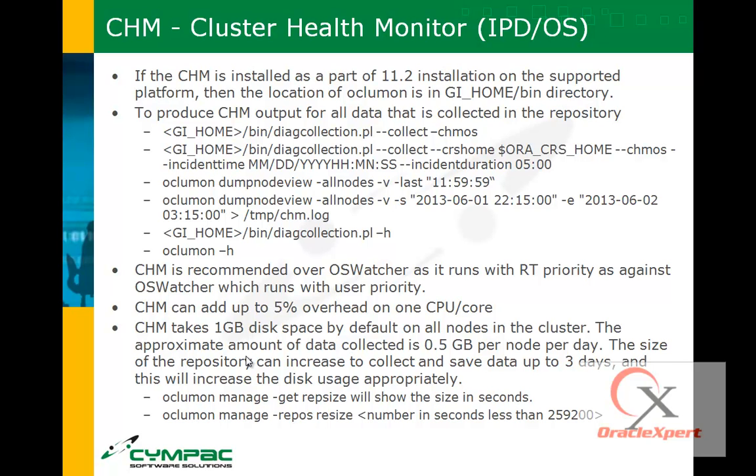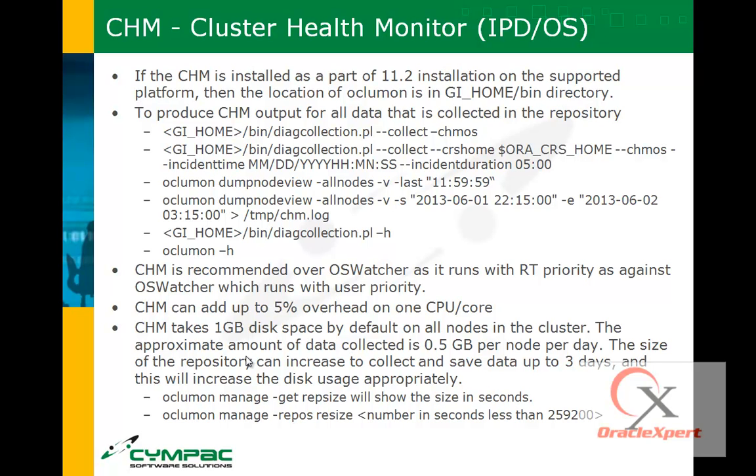And how do you expect a non-privileged program with a lesser priority and a nice value to collect and show us the statistics? That's why over OSW, I recommend you to use CHM, because CHM runs with an elevated priority. It directly makes use of the OS level APIs.